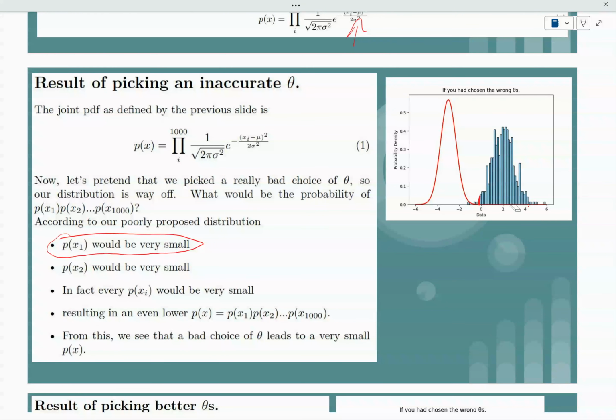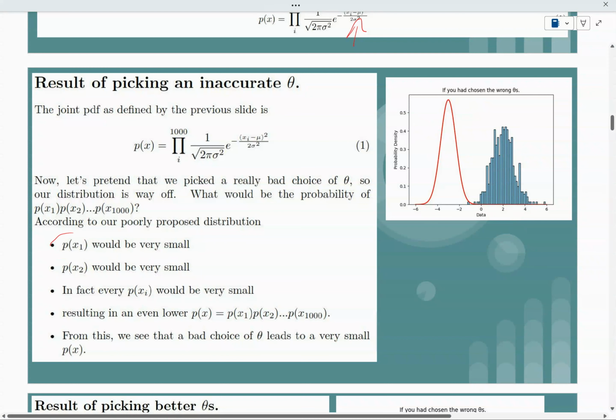One more time, let me say this in a different way. If we claim that the Gaussian distribution looked like this, which was a bad guess, then the events that actually happen, let's say this event, according to this distribution will be very unlikely, right? This event will be very unlikely. So every single event will be very, very unlikely.